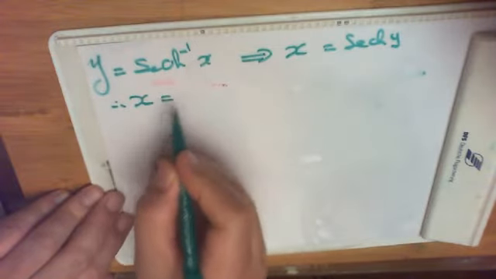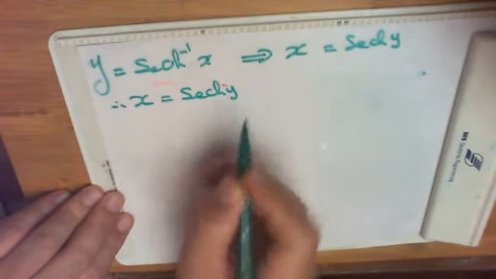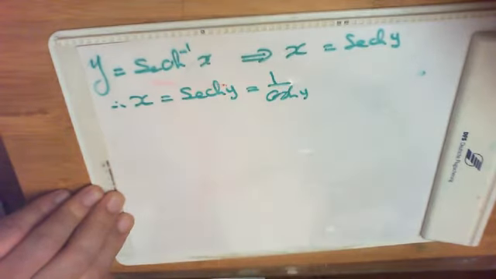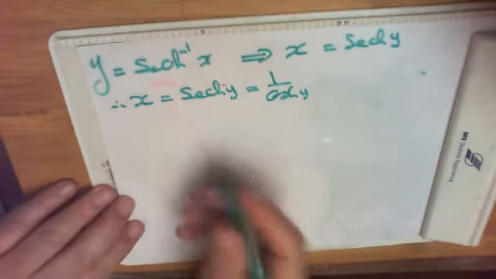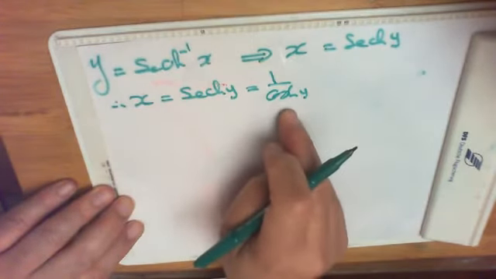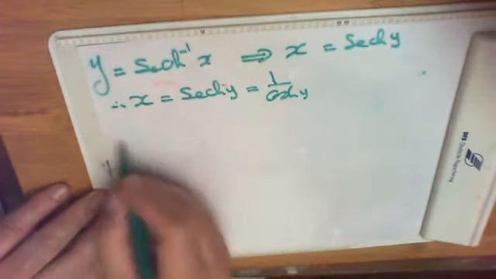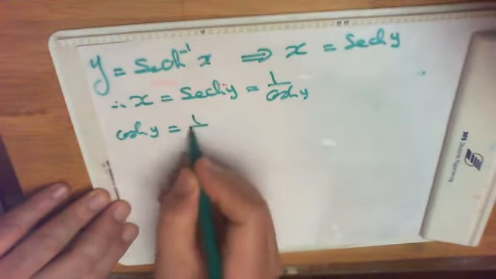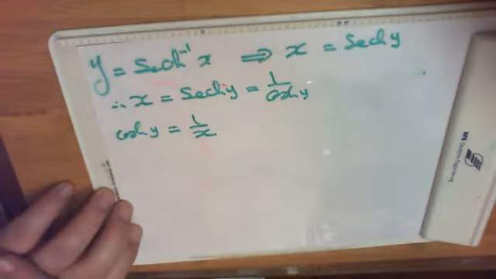Therefore, x equals sech y, which is 1 over cosine y. Right? So, from this expression, cosine y equals 1 over x.